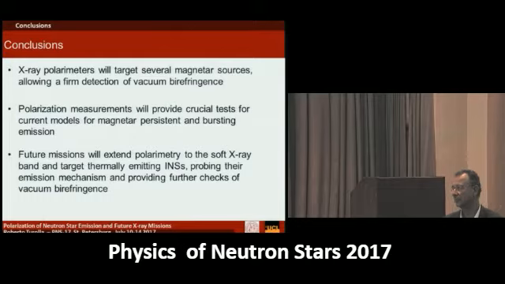And I think it is important to test experimentally one of the predictions of QED, which we know holds. And this prediction is about the self-interaction of the electromagnetic field with itself. Because vacuum birefringence is precisely that.